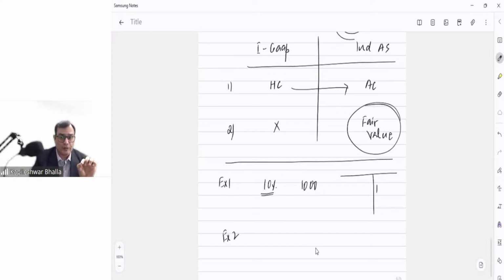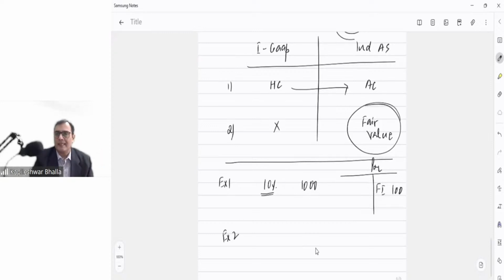So you would record a finance income in the profit and loss to the extent of 100. Correct? So if I make an investment for 1,000 rupees at a 10% rate of interest, then considering it's the effective rate of interest, you record a finance income at the rate of 10%.